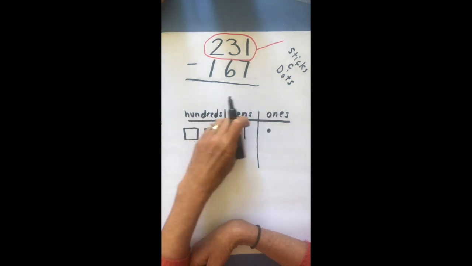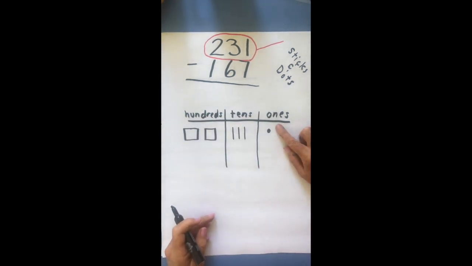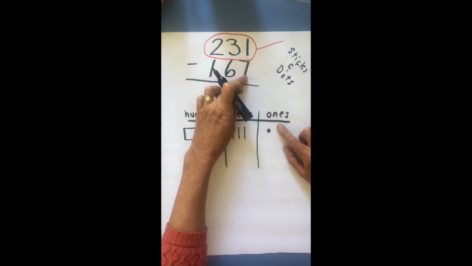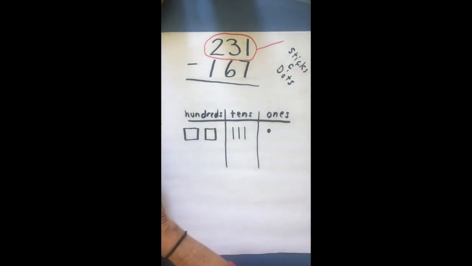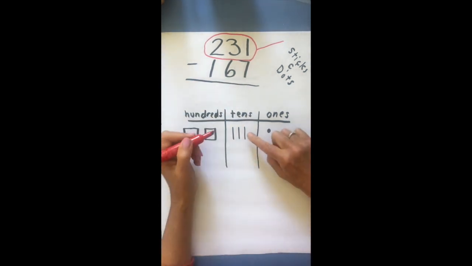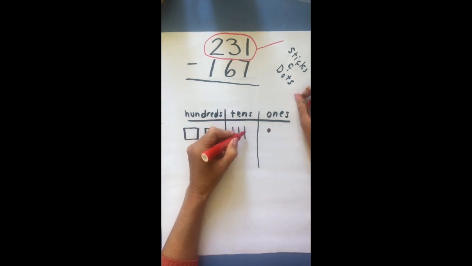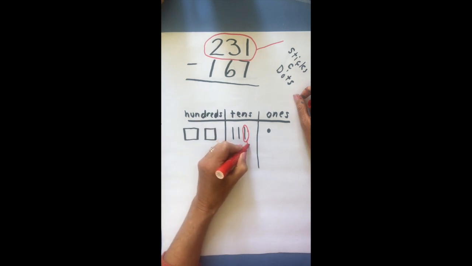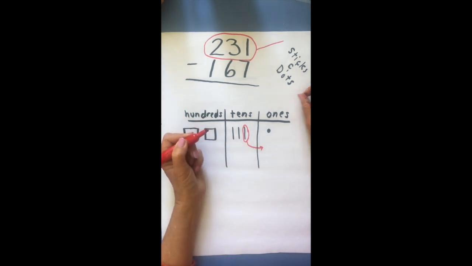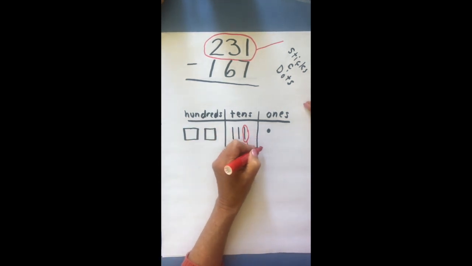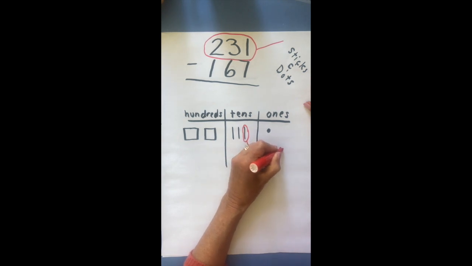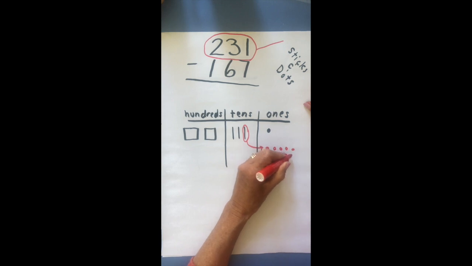I have 231. So now I go to the ones house and it says I need to take away 7. But I can't take away 7 because I only have 1. So I'm going to go next door and I'm going to take this 10 and I'm going to convert it into 10 ones or 10 dots. 1, 2, 3, 4, 5, 6, 7, 8, 9, 10.